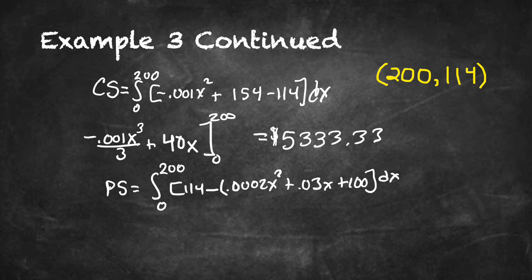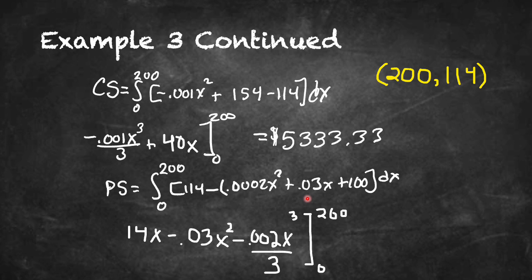Now we can take the 114 and subtract the 100 so that they're combined. That's going to give us 14. And then don't forget this negative has to also apply to the first and second term of the supply function as well.